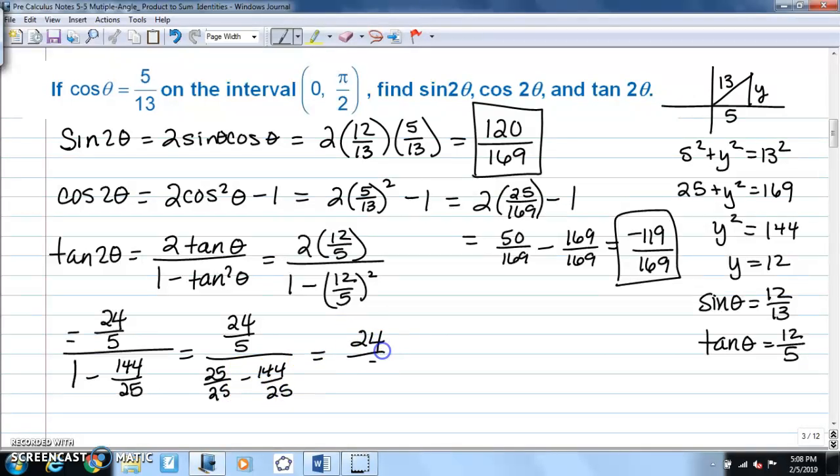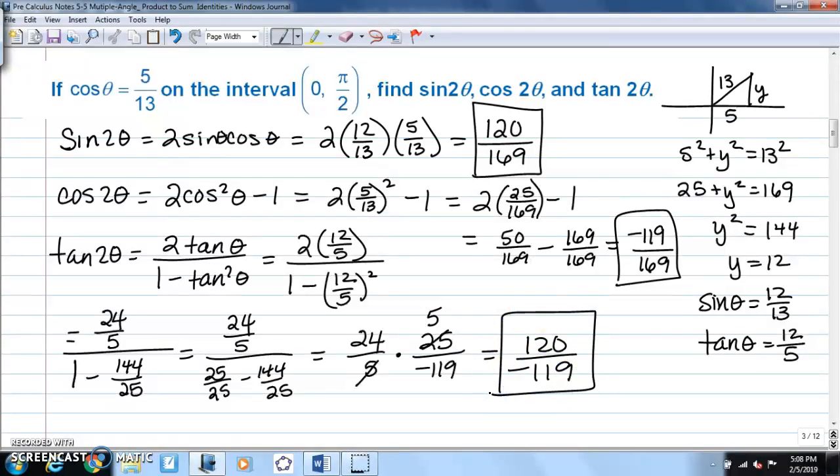It's 24 over 5 times 25 over, and this is going to be 25 minus 144, which is negative 119. So now I'm multiplying, I can do some canceling. 24 times 5 is 120, and negative 119. So there you go.